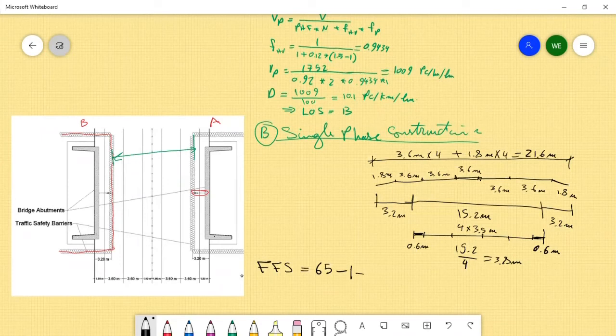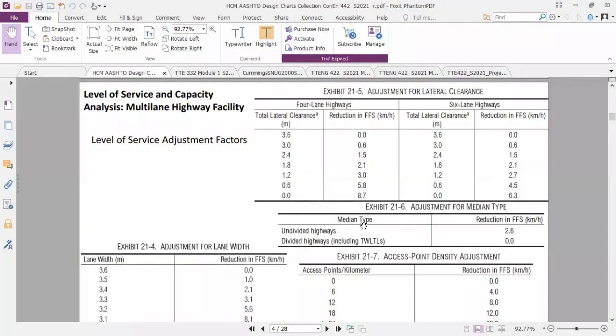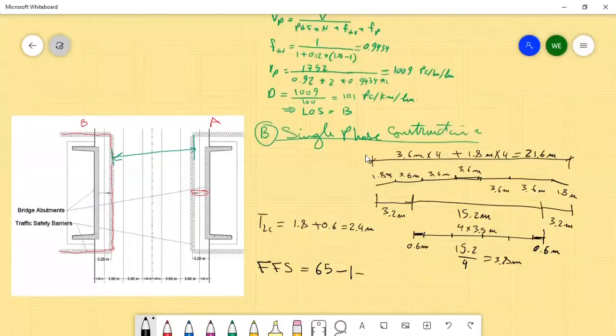In the new case, the total lateral clearance equals 1.8 because there is no median, plus 0.6. So it's basically 2.4 meters. For 2.4 meters, the reduction is 1.5. So we have minus 1.5.